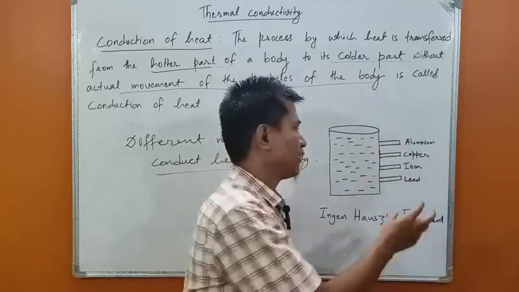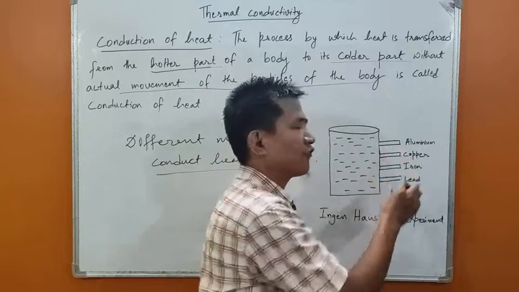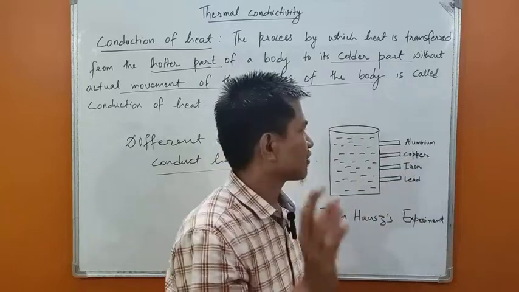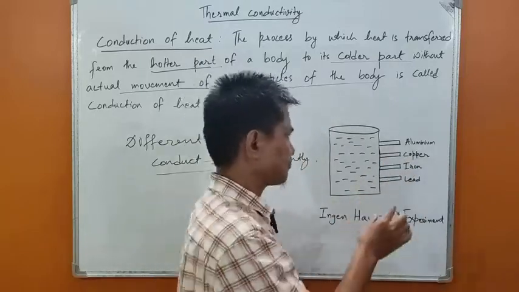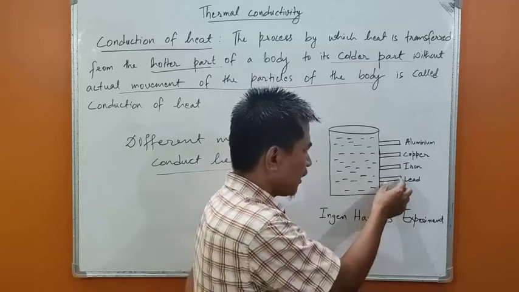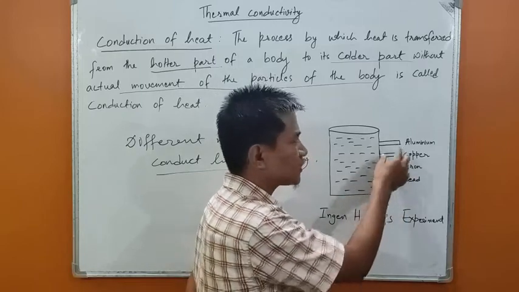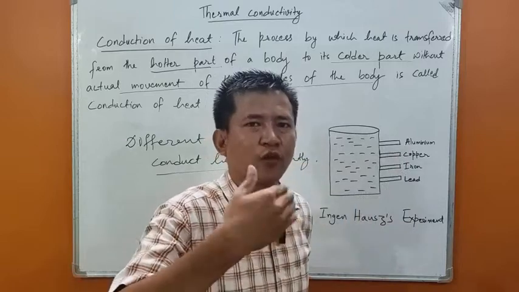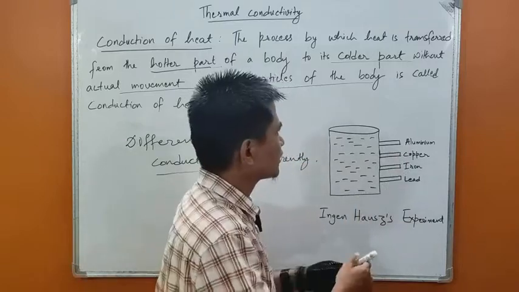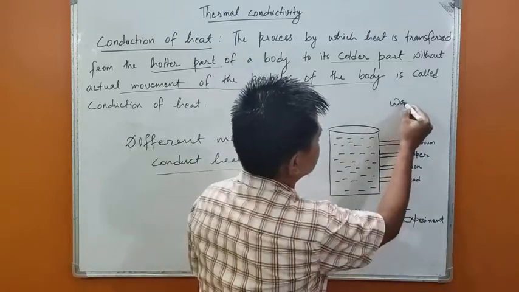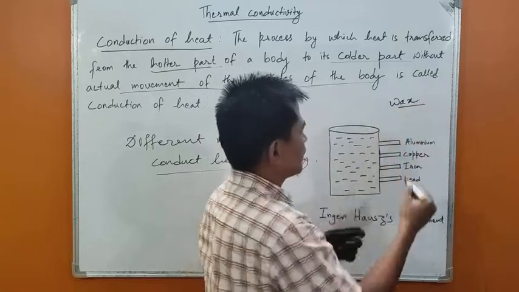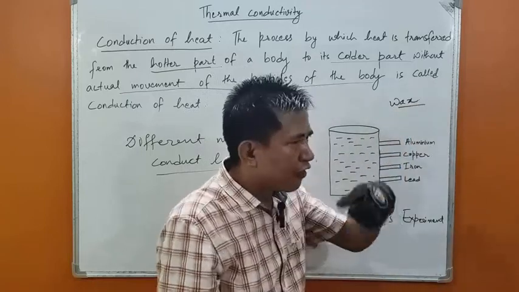Please remember, these metals are of equal length and equal cross section. Now he coated these metals uniformly with wax.